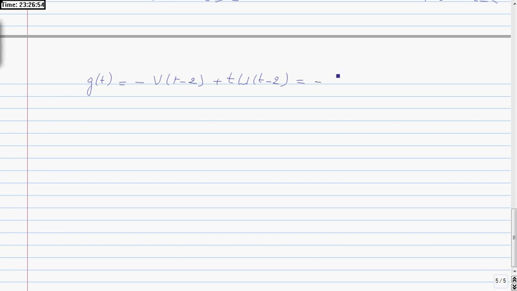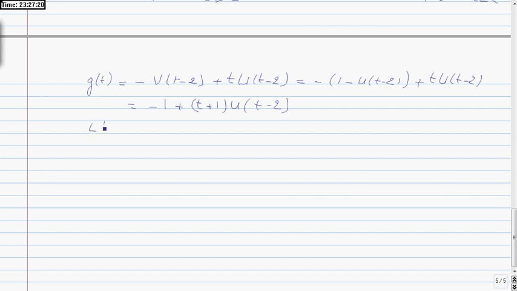Since v is 1 minus u of t minus 2, we have -1 times (1 minus u of t minus 2), plus t times u of t minus 2. And then we obtain -1 plus (t plus 1) u of t minus 2.